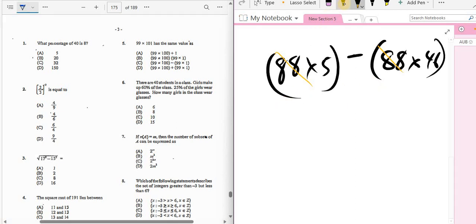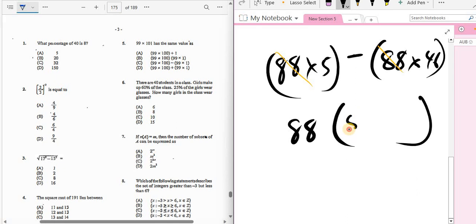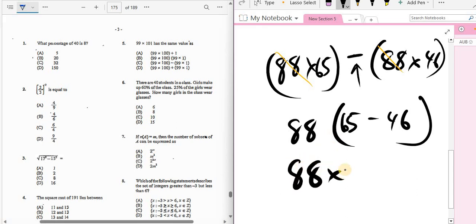And so what would you have in the bracket? 5 minus 46. Let's put a bigger number here, 65, to make more sense. And then we can say 88 times the difference of this, isn't it? So that would be 15 plus 4, 19. That would be the answer, isn't it?